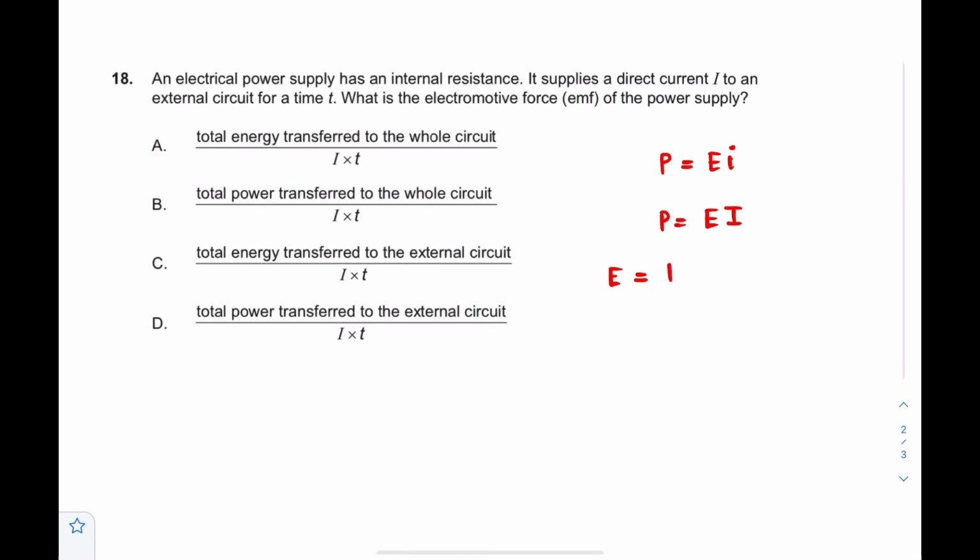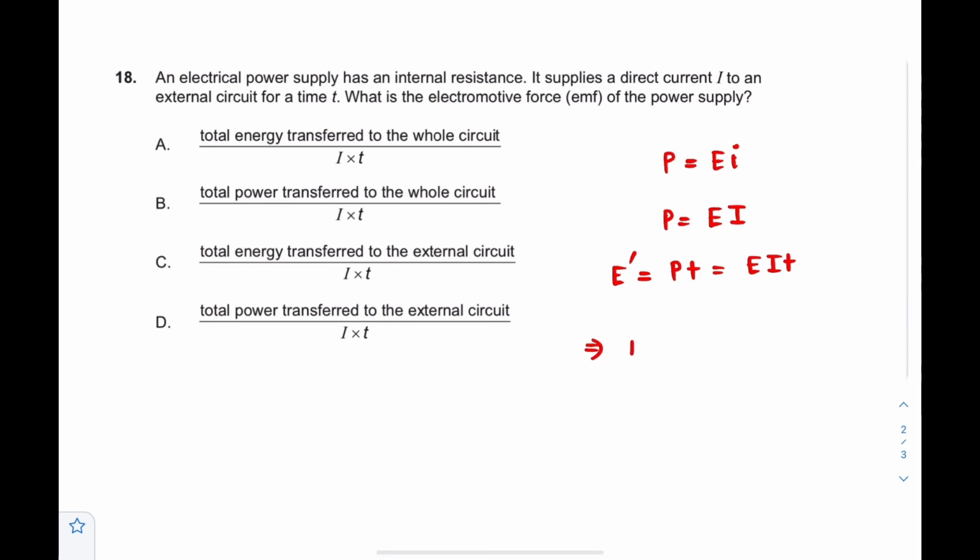Power into time, right? So the net energy supplied to the whole circuit is equal to EIt. Mind this is energy. So the EMF comes out to be the net energy supplied to the entire circuit divided by I into t. So the correct option is total energy transferred to the whole circuit divided by It. This is option A for question number 18. Option A is the correct option.